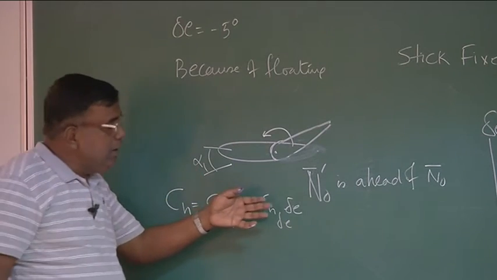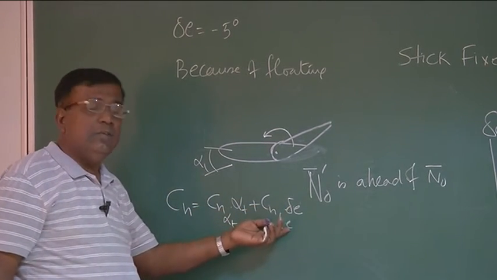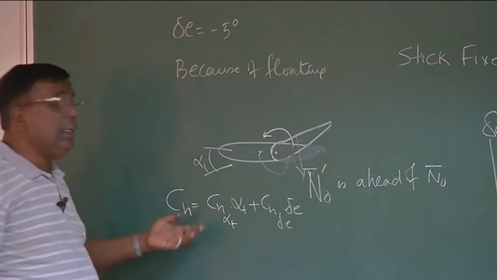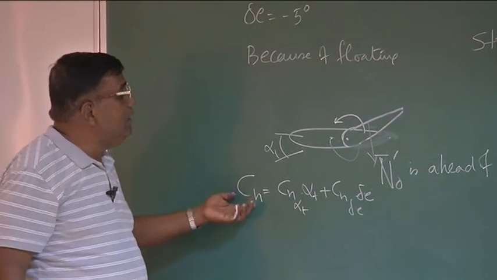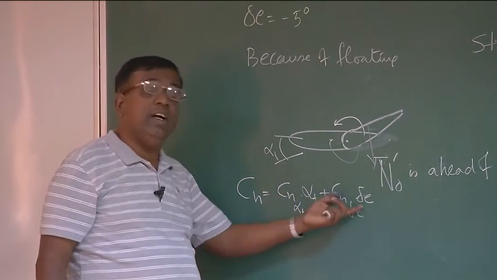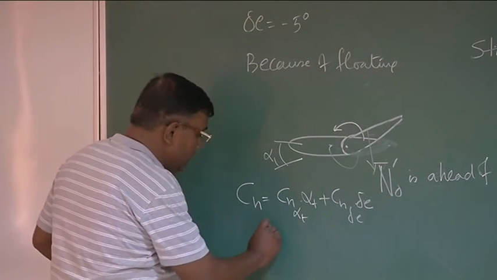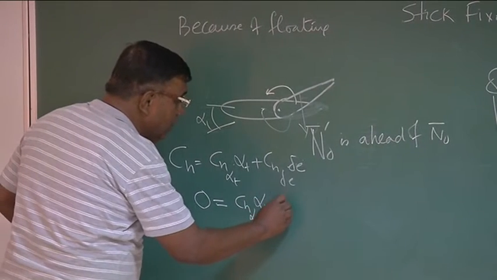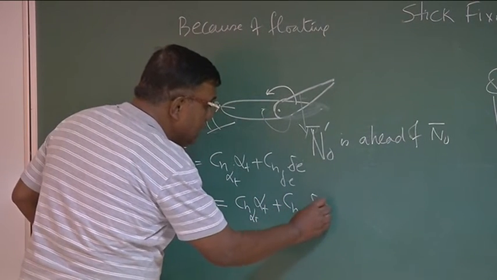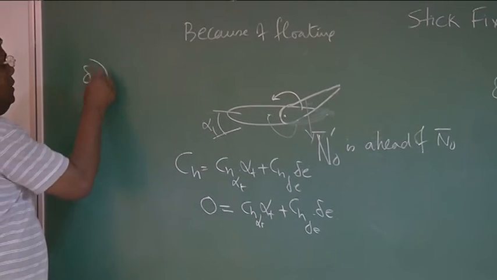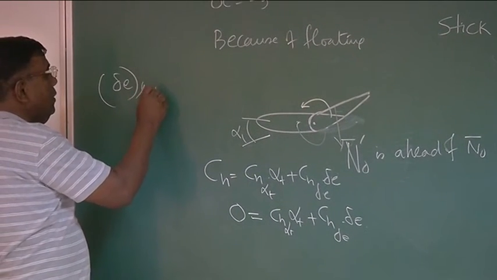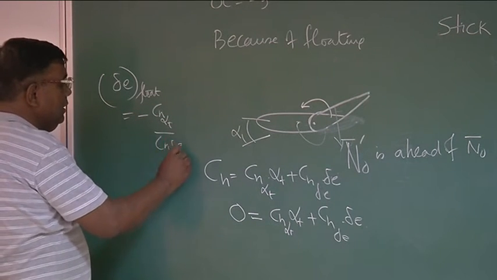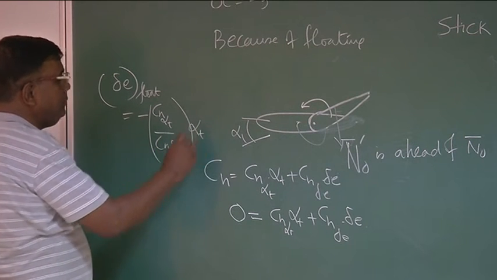At the same time, there will be a restoring moment because of CH delta E. So as delta E goes up, this force comes here, they will try to restore it. So there will be an equilibrium. At equilibrium, their contribution will cancel each other. So CH will become 0. So CH equal to 0, so that will be CH alpha t into alpha t plus CH delta E into delta E, or delta E float equal to minus CH alpha t by CH delta E into alpha t. This we know.